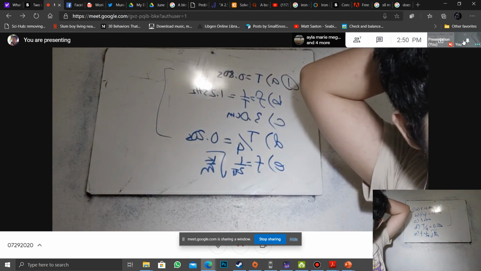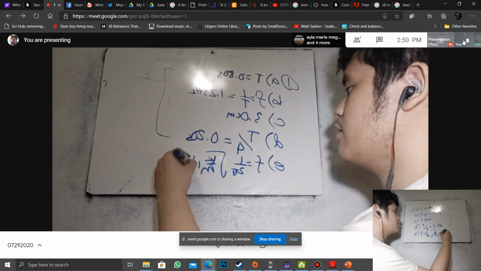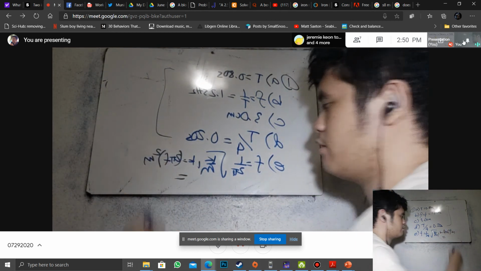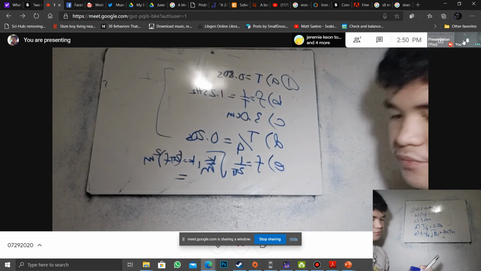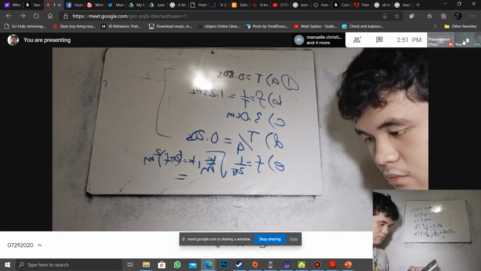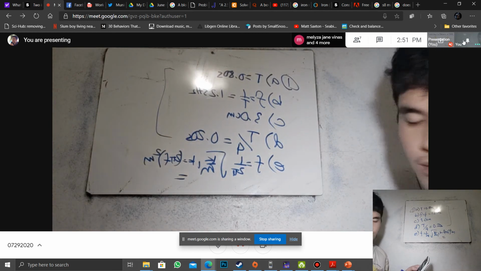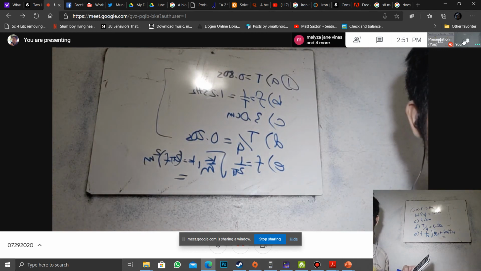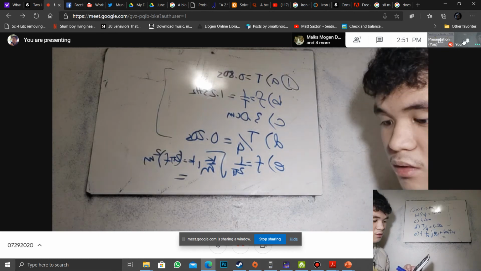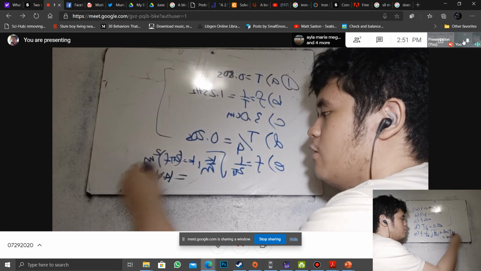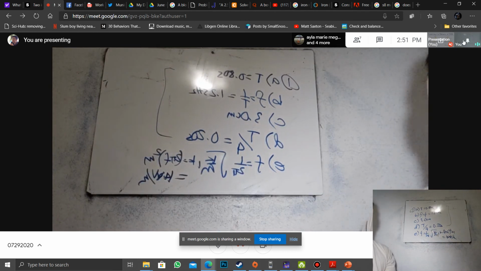Solve for K, 2 pi F squared M. If we get that, we'll get 148 newtons per meter. Siguro naman, alam nyo to kasi ilang beses na tayong tumitingin ng graph na ganito, no? Okay, sige, next.